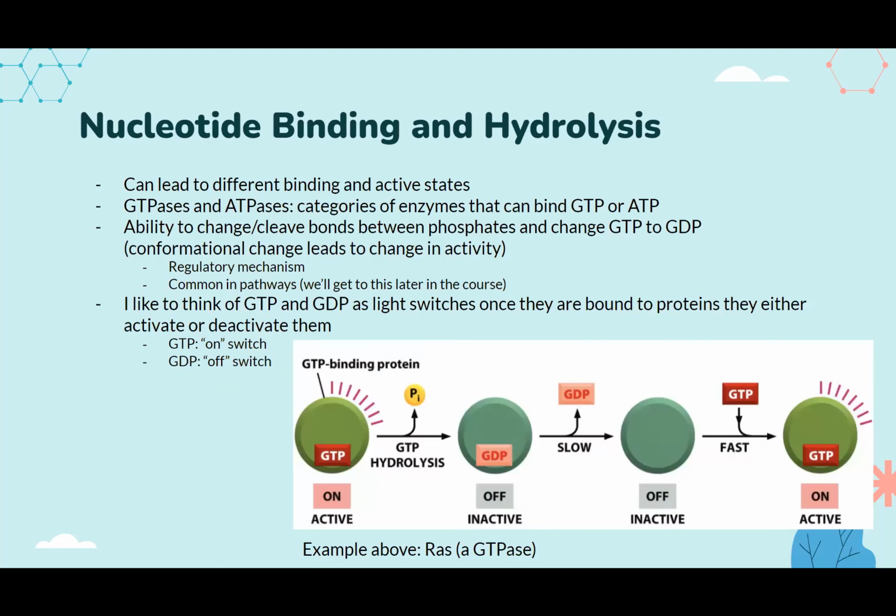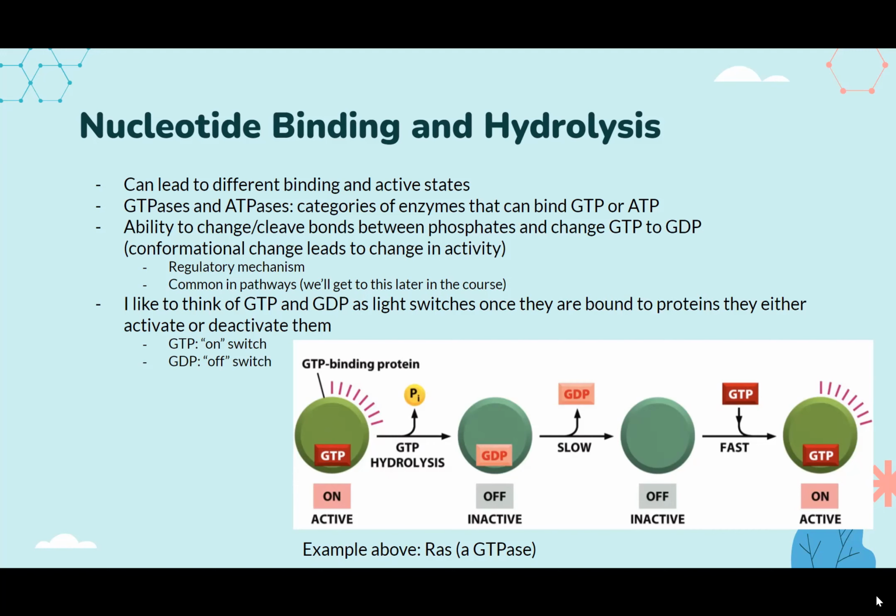All right, go to the next one. Okay, so nucleotide binding and hydrolysis. We'll be talking about many different types of GTPases and ATPases, but basically these proteins are regulated through being attached to GTP or GDP.